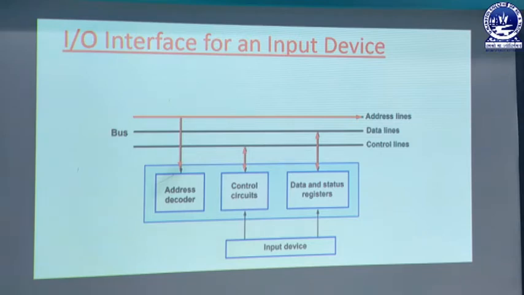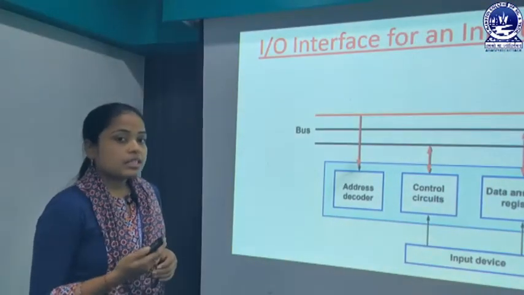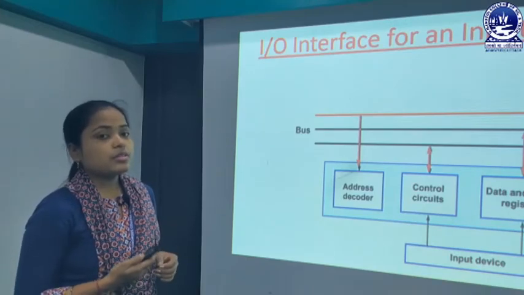These registers are basically used to store the input and output information provided by the input and output devices for some period of time. And then there are some control circuits which are used to generate the control lines and also the control signals, by using which we control different operations in our computer system.